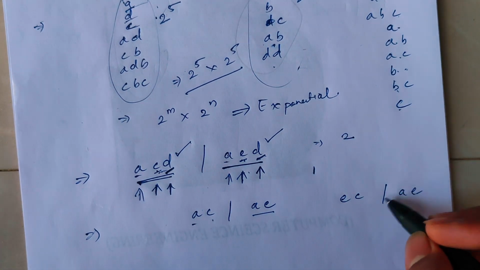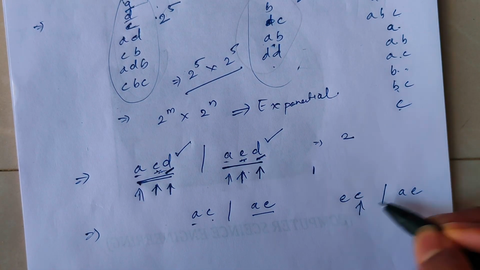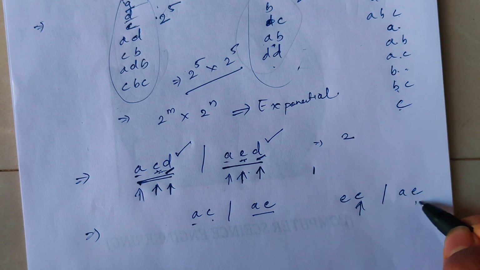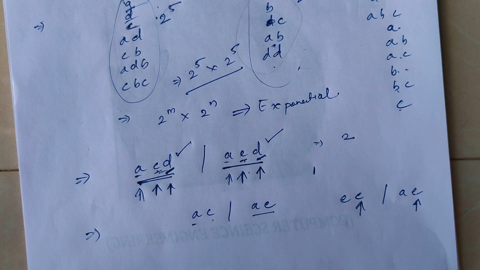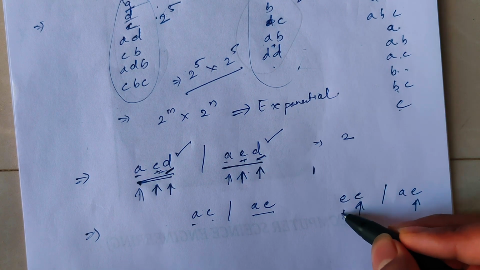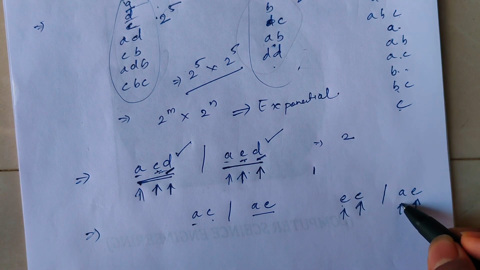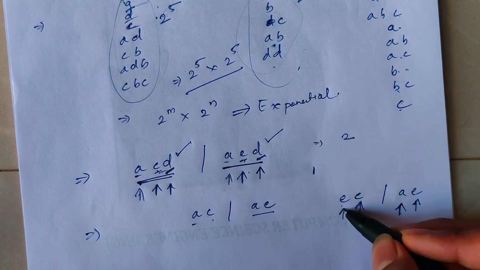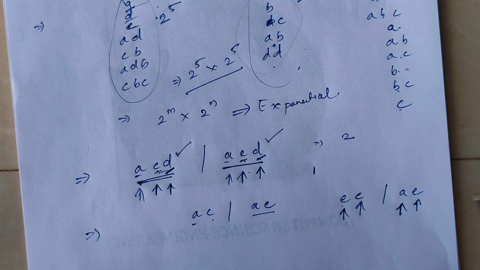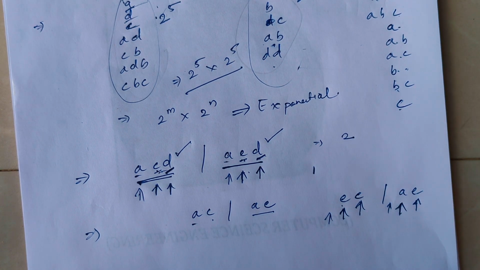So this C and E are not equal, so we are shifting our pointers. But what we are missing here is, now we are comparing E and A, and we will shift here, so we will not get anything common.